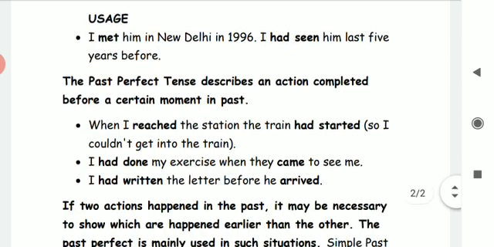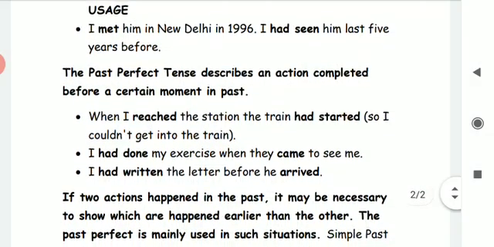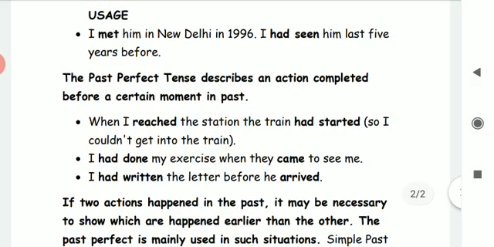Now, here, if two actions happen, this is very important to understand. If two actions happened in the past, it may be necessary to show which happened earlier than the other. If you have two actions that happened in the past, you have to show both actions, the earlier and the later. The past perfect is mainly used in such situations.